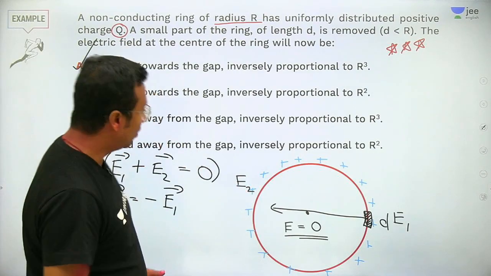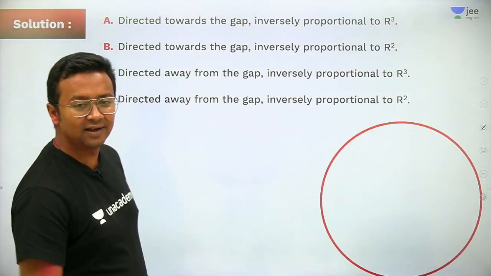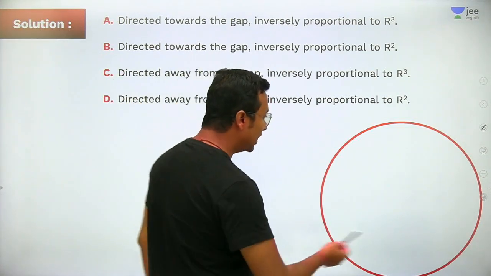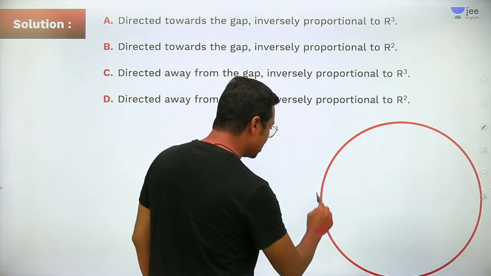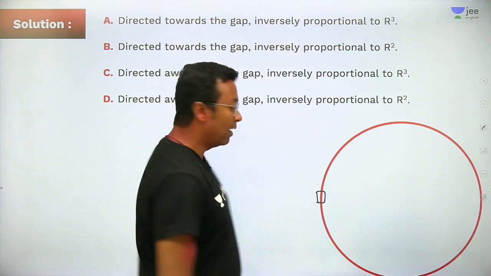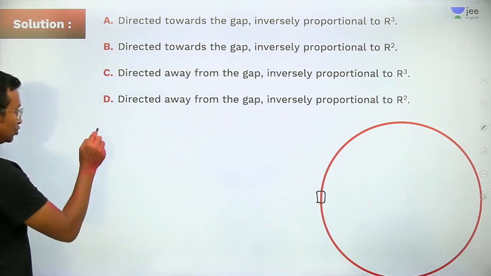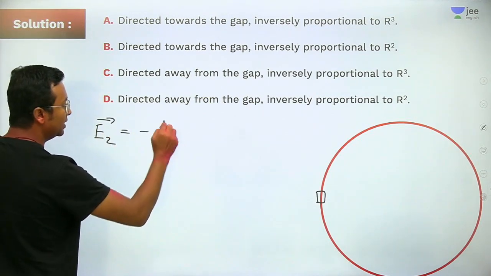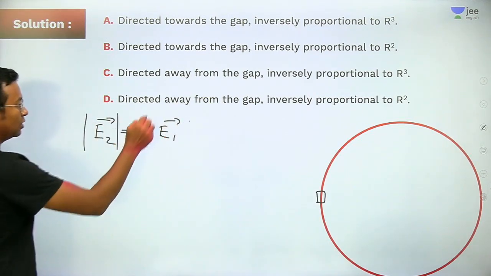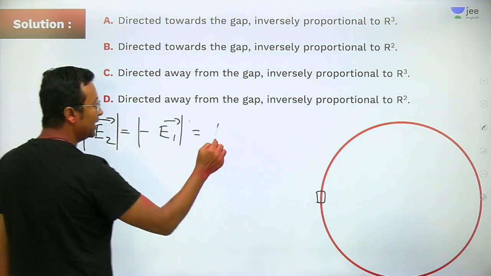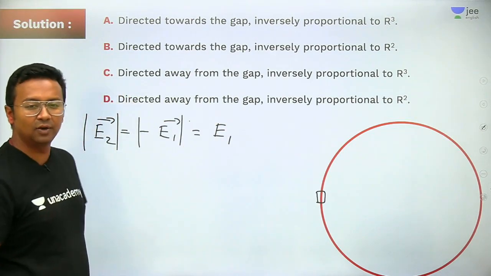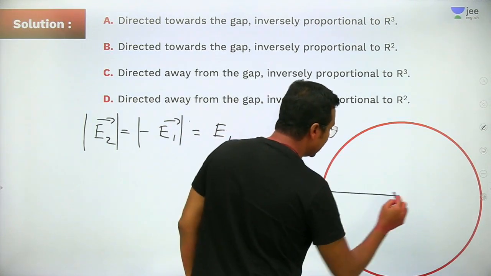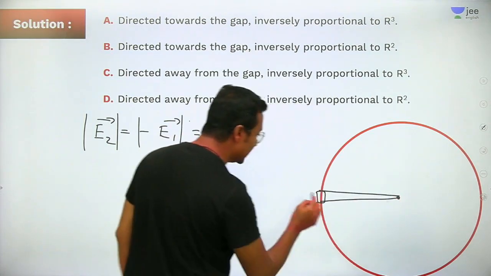Now let's try to understand this. Another ring I have, same ring but a different explanation. Let me take it away from this portion. Now you saw that E2 is equal to minus E1. So if I take the modulus on both the sides, it will be equal to the modulus of E1. I'll take E1 as a point charge.